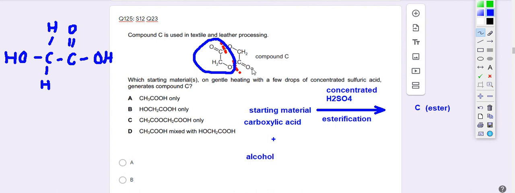Now let's look at the right hand side part.